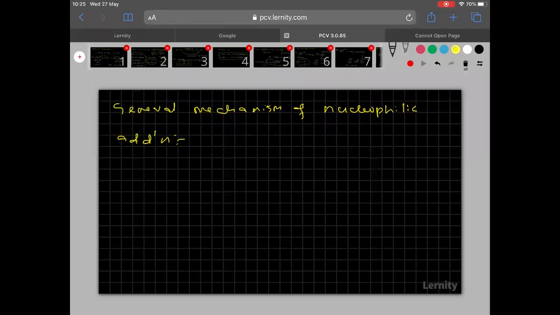Now see clearly here. Let me explain the general mechanism. Try to understand the concept clearly. Let me take RC double bonded O, H, an aldehyde. You can take a ketone also, no problem. Aldehydes or ketones, anything you can take here.